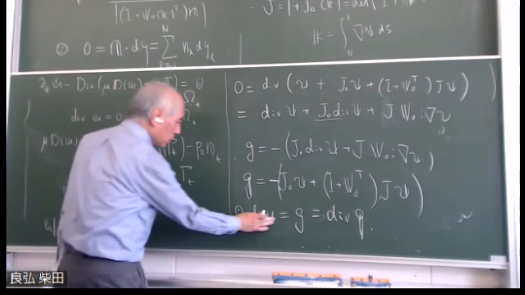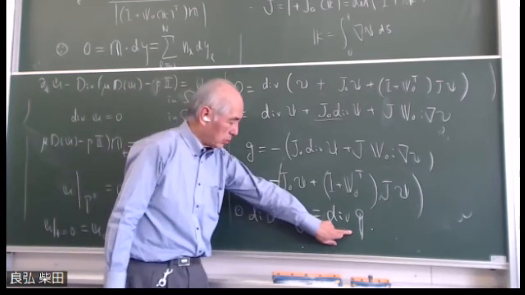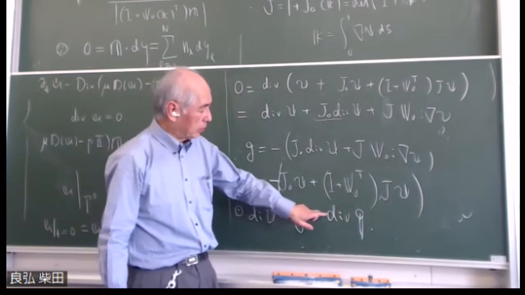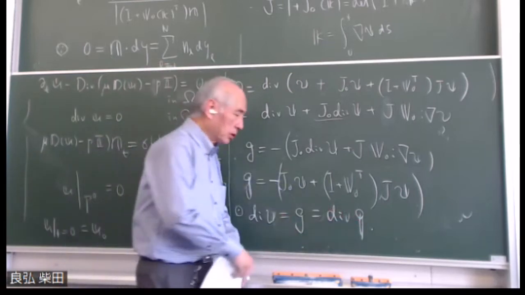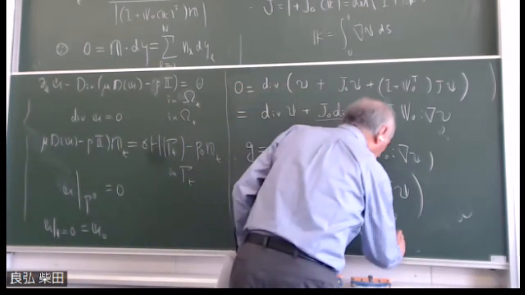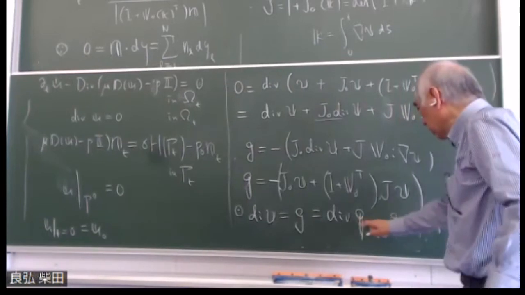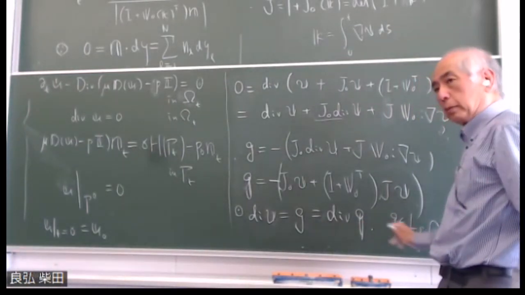So the point is that the right hand side has two representations. g can also be written with the divergence of capital G. In other words, if G is in L^q, then it is also in the intersection with H minus 1. Another way to represent this one.